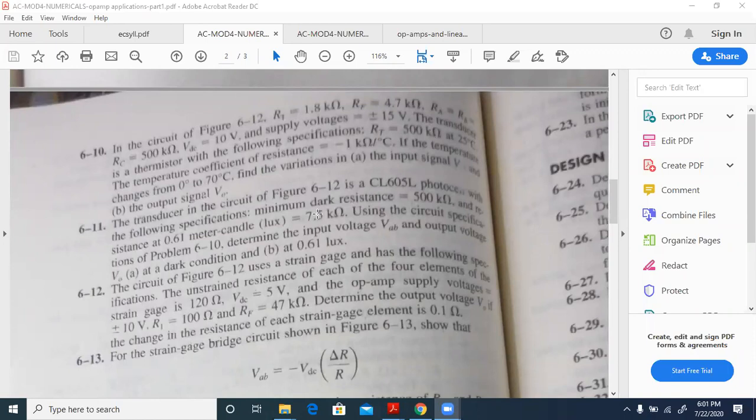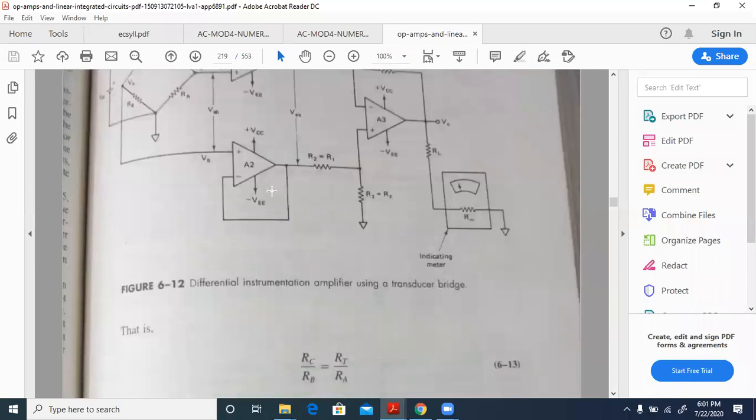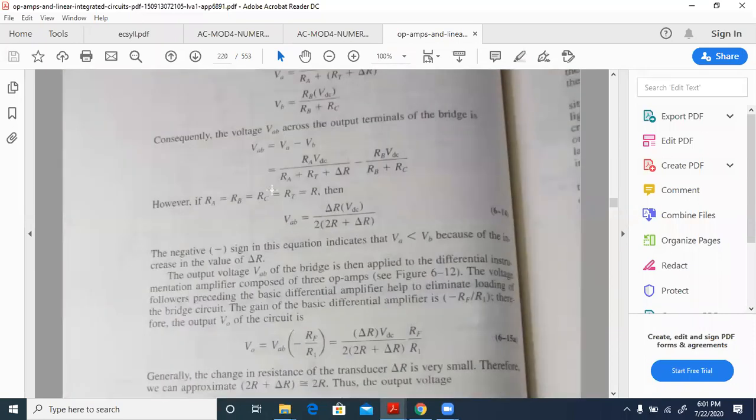Rather, it should be the other way around. 7.5 kilo ohms minus 500 kilo ohms will be del R. That is minus 492.5 will be the value of del R. The formula again is just the same, no difference at all as far as the formula is concerned. That is the same formula with a minus sign here. As I said, minus should have been there. So minus of minus 492.5 will be del R.